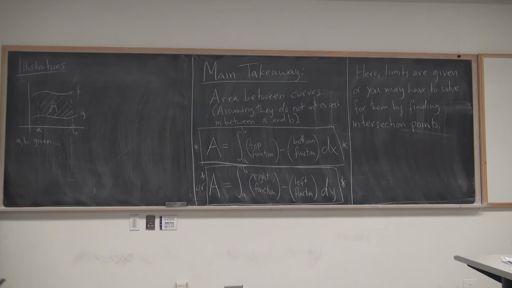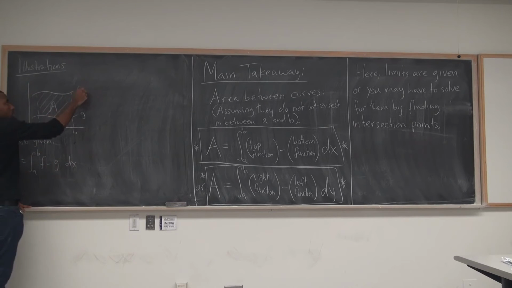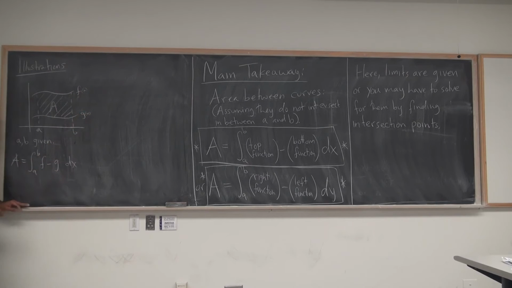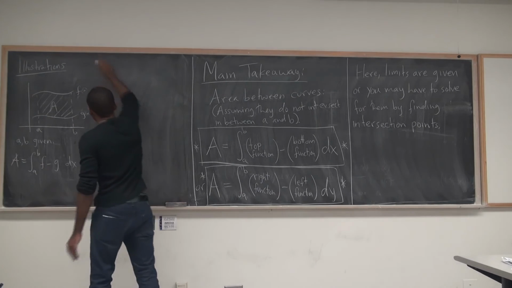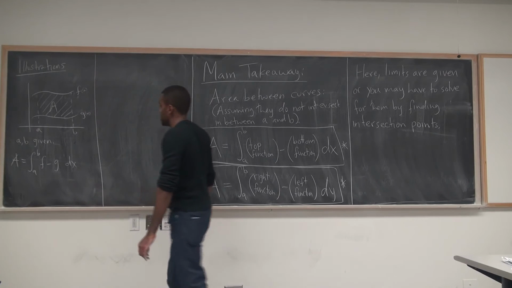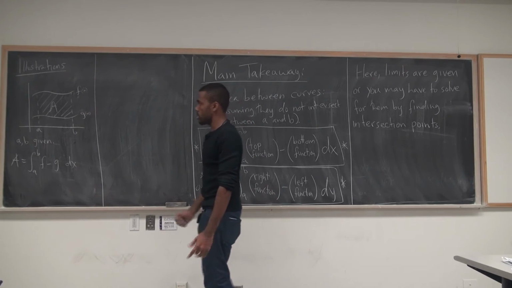And if you know F is on top, G is on the bottom, well, the area is just the integral from A up to B of F minus G, right? And this would be dx, because these guys would look like functions of x, right? Because they would each pass the horizontal line test and vertical line test. Okay, so that will be that.